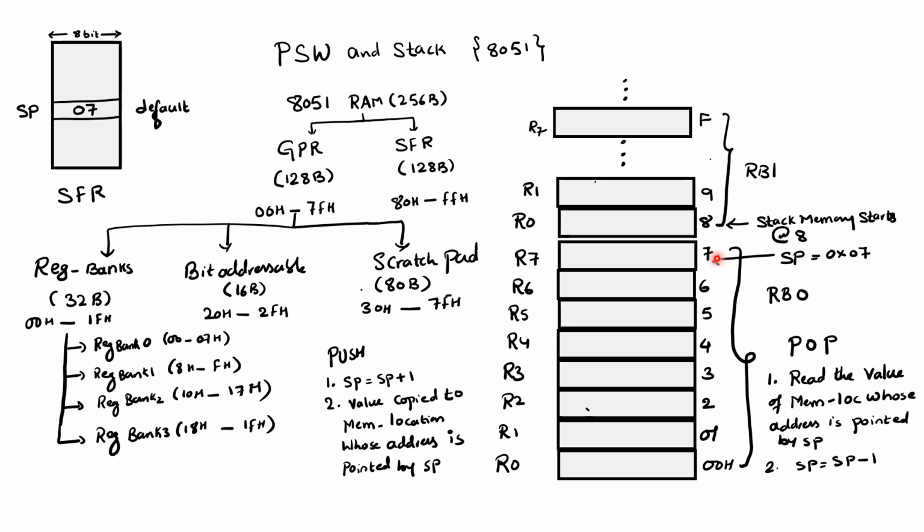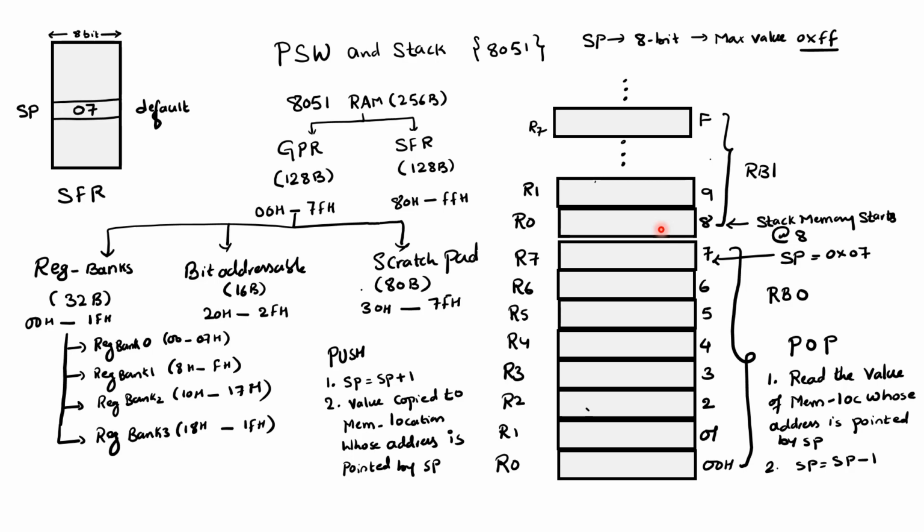To represent that the stack memory starts at 8, the first value will be stored at this 8th location of the GPR.